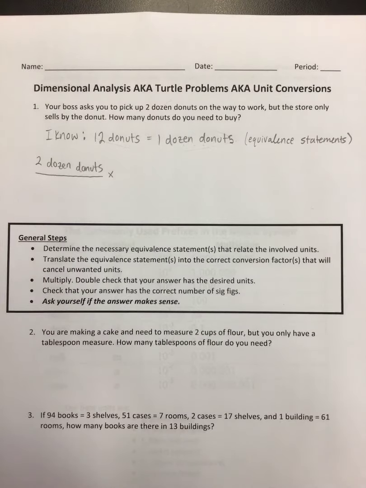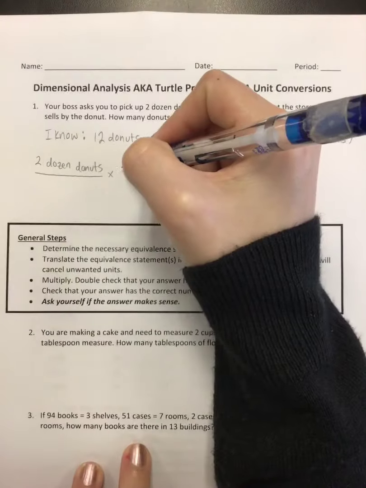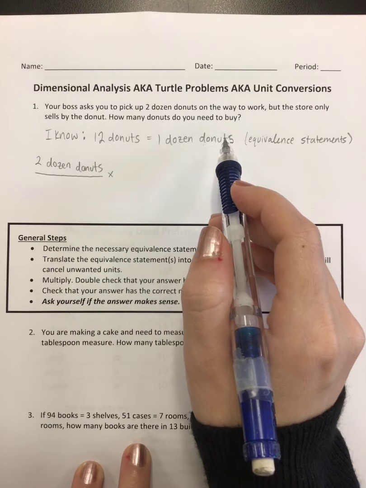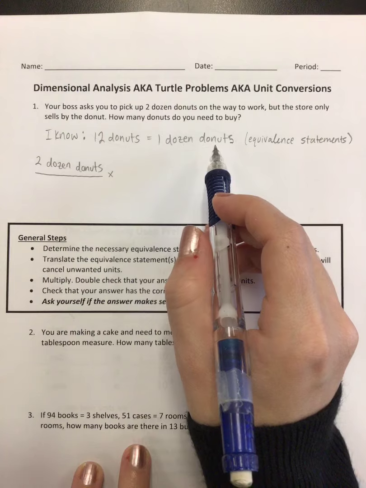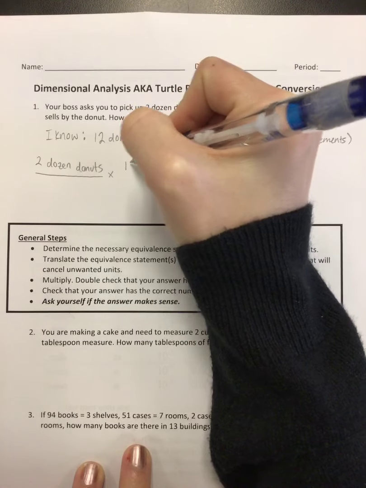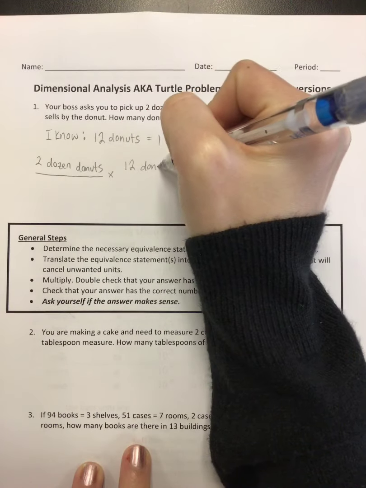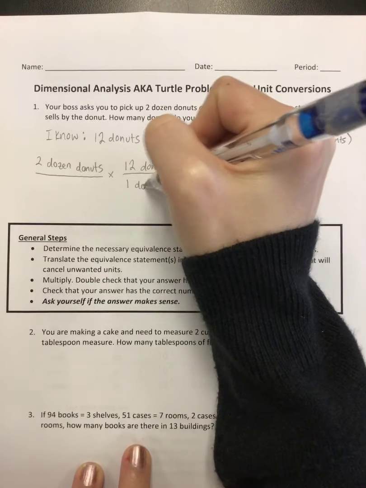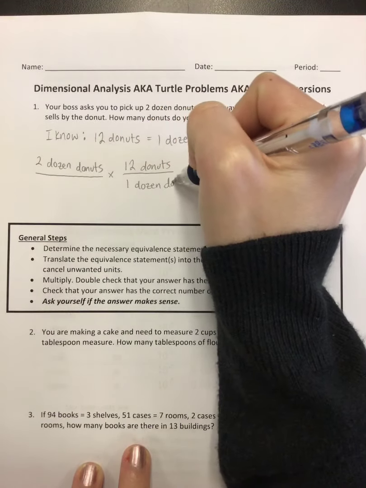Okay? I know right here this fact, this equivalence statement, and I'm going to take it and make it into what we call a conversion factor. Okay? So I'm going to do 12 donuts over 1 dozen donuts.